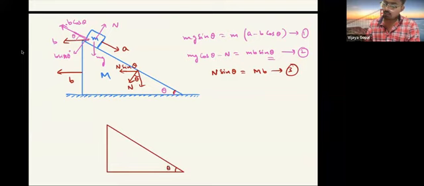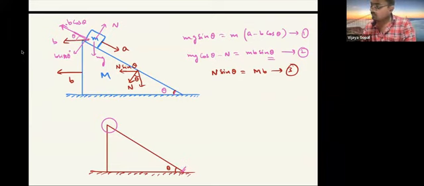So if this angle is theta, I'm giving a question. There's a wedge which is free to move on the ground. Here a pulley is attached to the wedge, and here also there is a pulley.